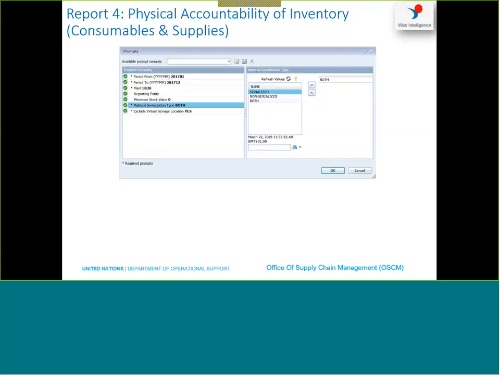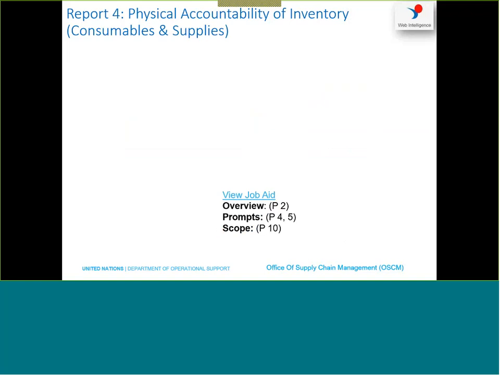Quickly we'll take a look at the prompt and see the material serialization that we can select, but again remember that serialized will not count the UN 01, as explained in the slide before, but that is one of the options. Again, key elements and the link to the job aid with the pages are displayed here for overview, prompts, and the scope, very important, of the report on page 10 to understand what is in scope of this report when you're pulling your data.